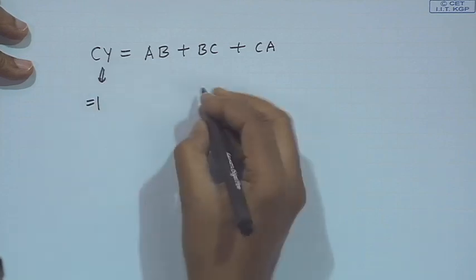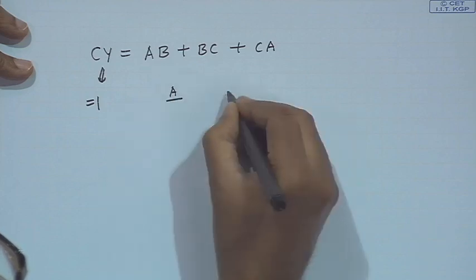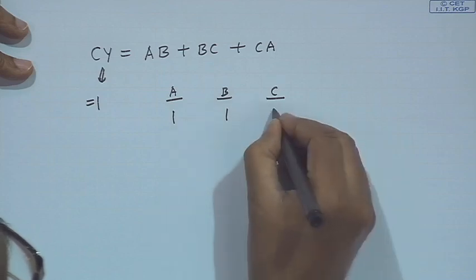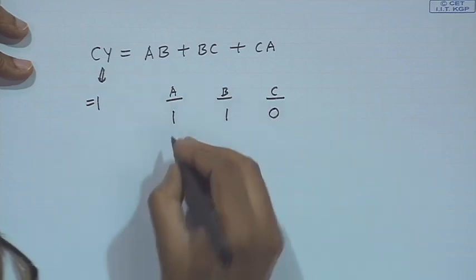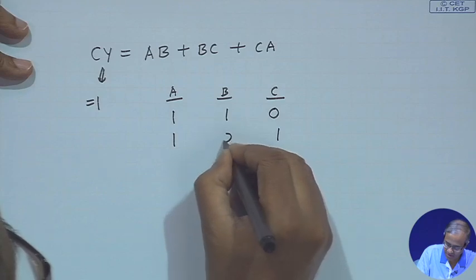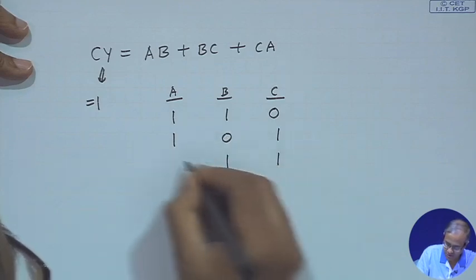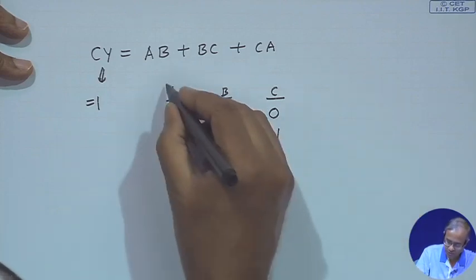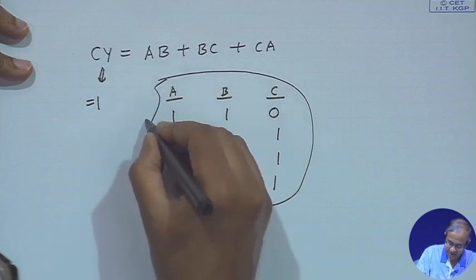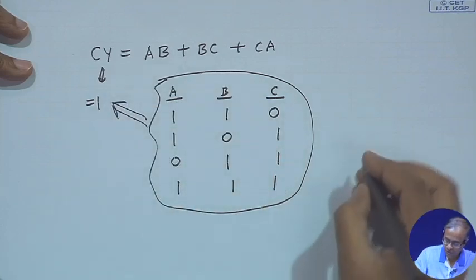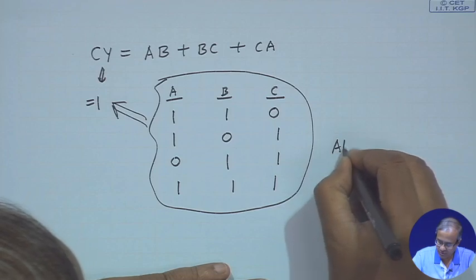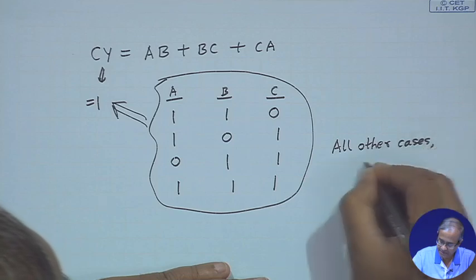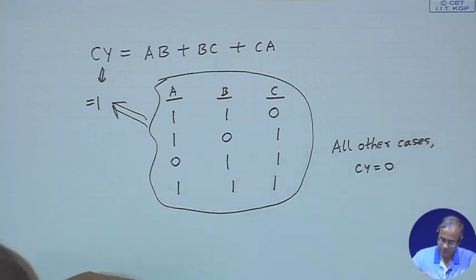The carry will be 1 for several conditions of A, B and C: when A and B are 1 and C is 0, or A and C are 1 and B is 0, or B and C are 1 and A is 0, or all 3 are 1. So, for these 4 cases my carry will be 1. For all other cases carry will be 0.